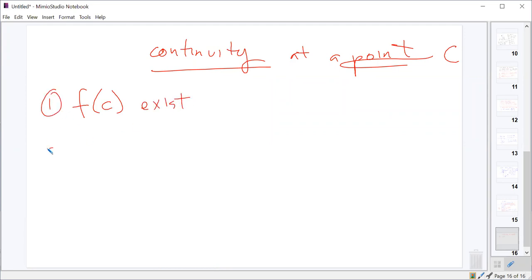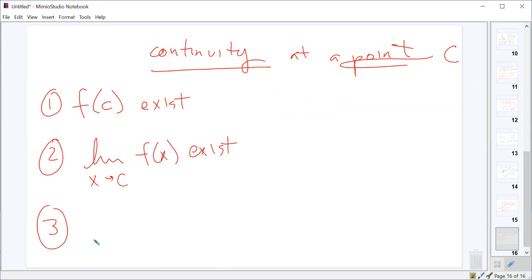The limit as x approaches C of f of x has to exist. And the limit as x approaches C of f of x has to equal f of C. So it has to meet all 3 of these criteria for a function to be continuous at a point C.